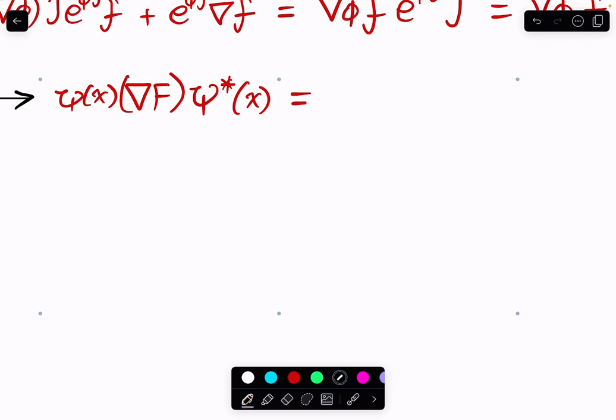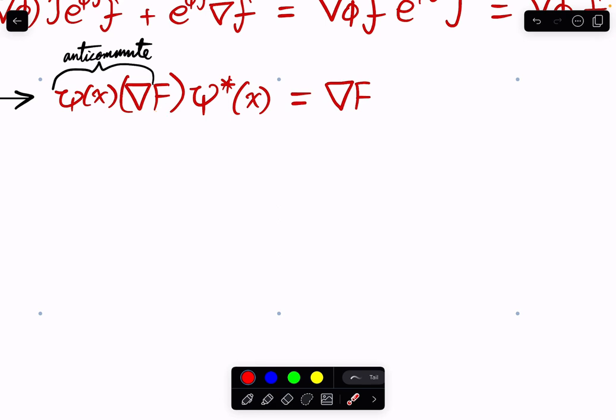So these anti-commute. So you end up with the gradient of f, because c and f commute.